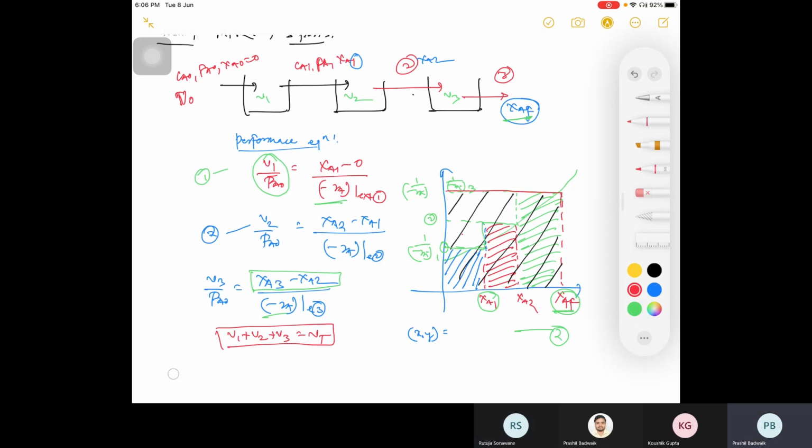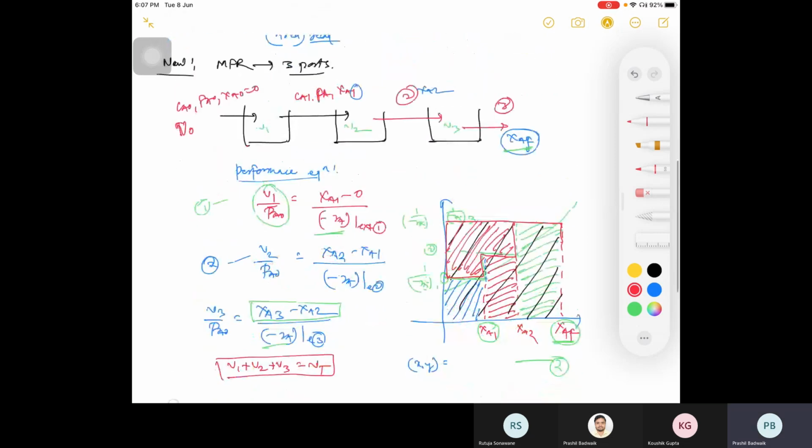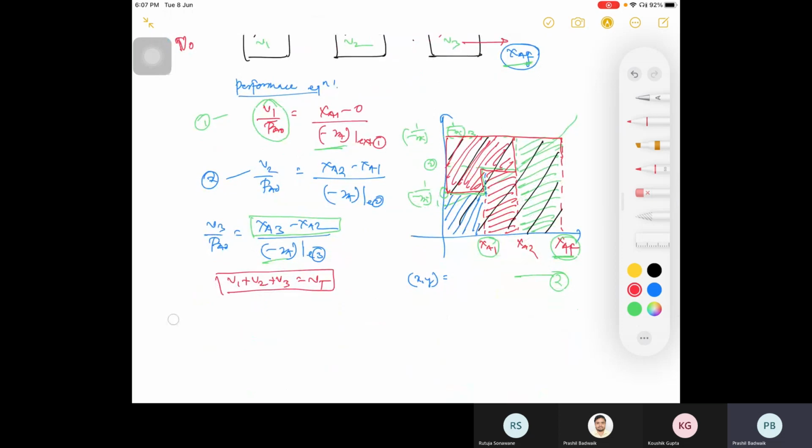This much of the area has been reduced, right? So what can I say here? Volume has decreased, right?